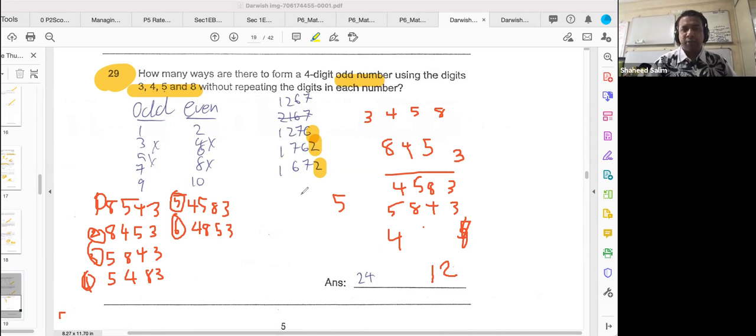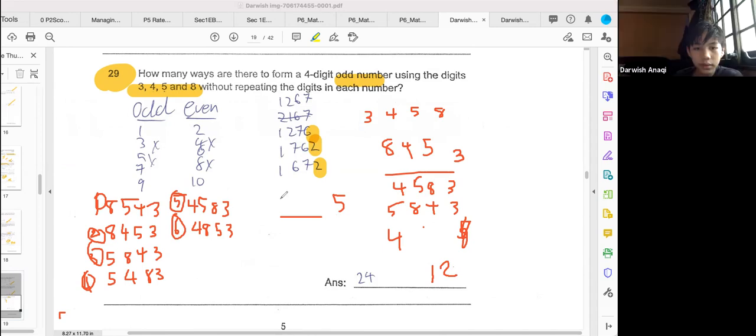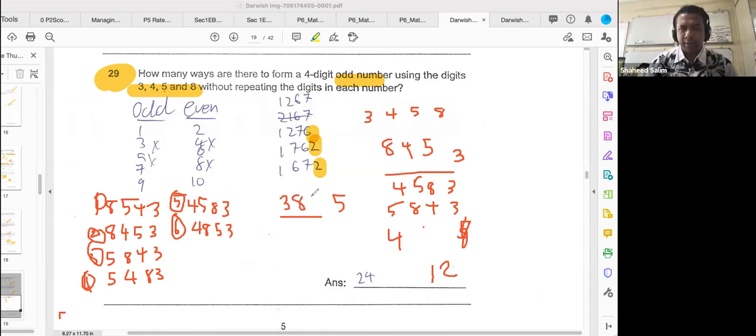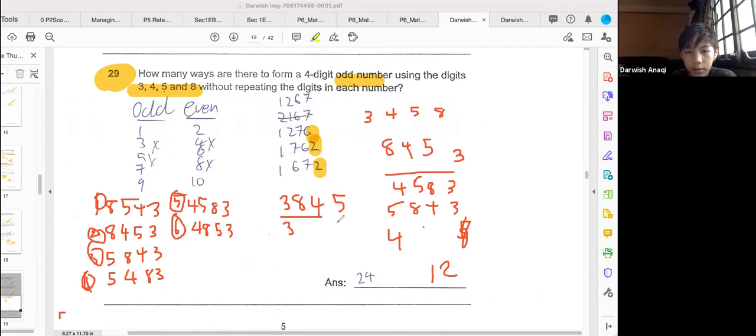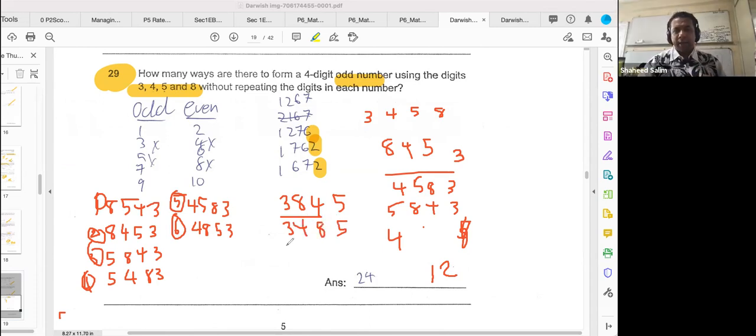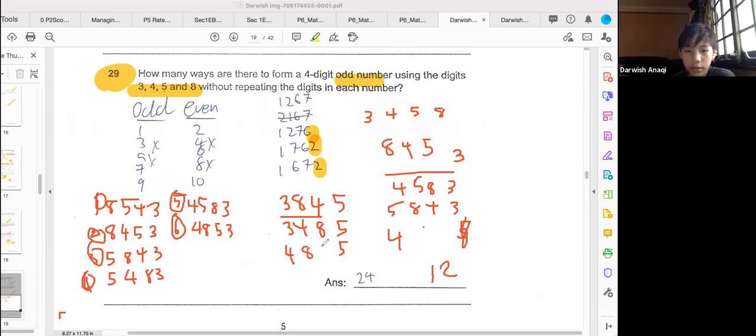Starting with, okay, what numbers? 3, 4, 8. Okay, start with 3 again. 3, 8, 4. Can do any more with 3 beginning? Cannot. Now we begin with 4. 4, 8, 3.